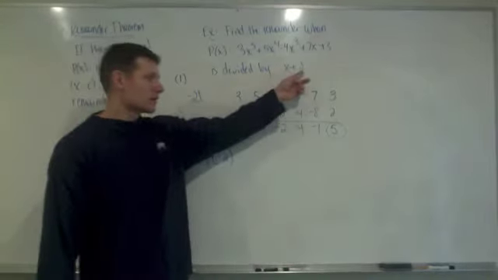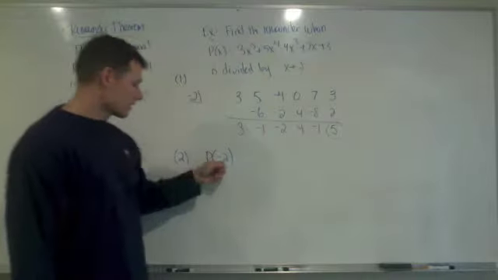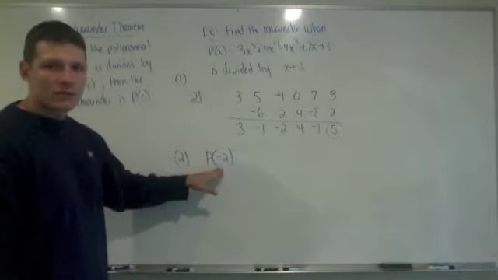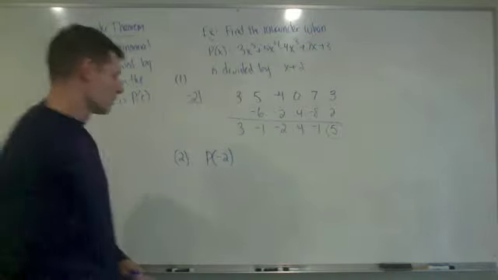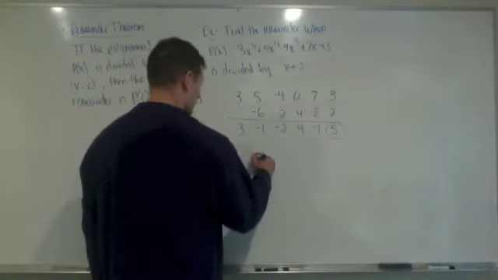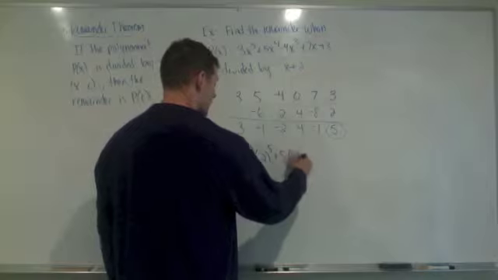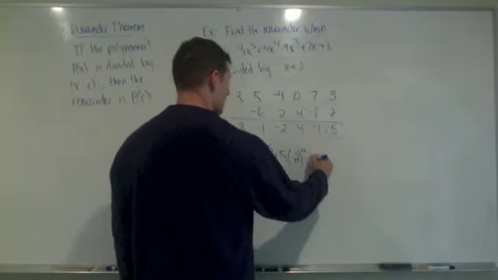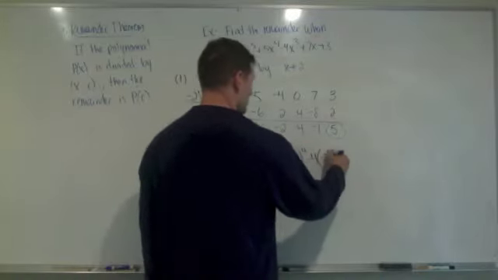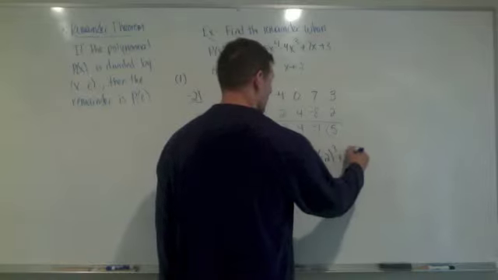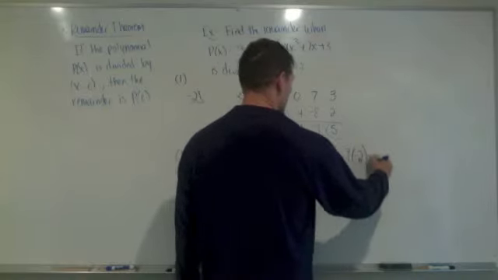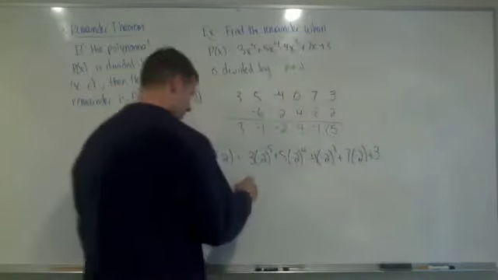Again, x minus c, x minus negative 2, so negative 2. What happens when I plug in negative 2 into that polynomial? Well, I get 3 times negative 2 to the 5th plus 5 times negative 2 to the 4th minus 4 times negative 2 to the 3rd plus 7 times negative 2 plus 3, right?